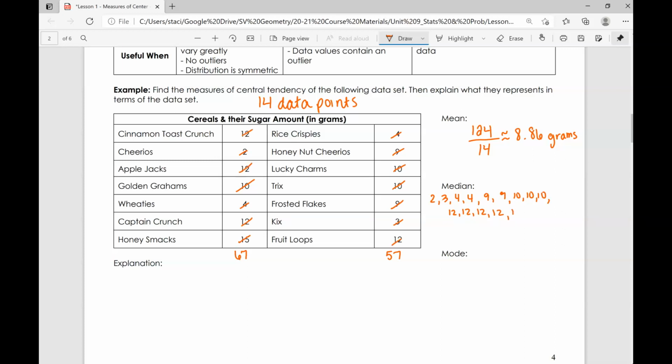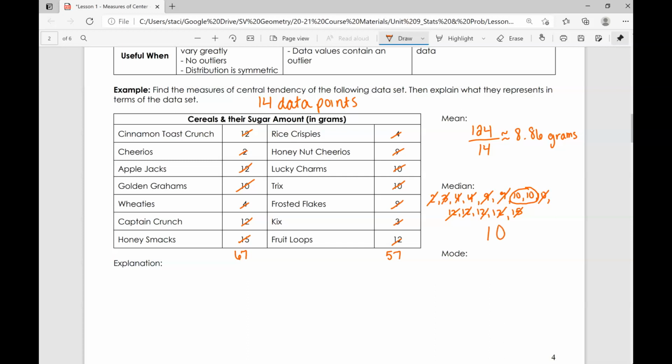And then a 15. And now that I've got them in order, I can just start taking them off from the end. So take one from the very beginning, take one off from the very end. And I can just keep doing this process until I get to my very middle number. So let's say I've crossed off 4, 5, 6. And I see I'm left with two numbers that are the exact same. So that tells me my median is 10.